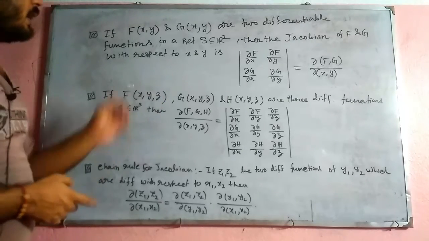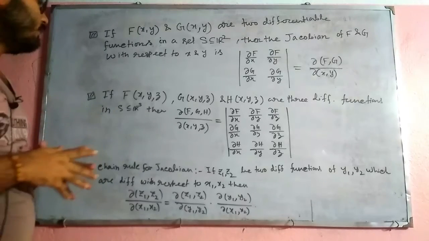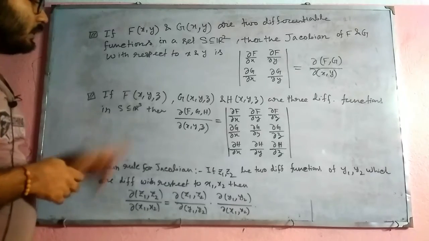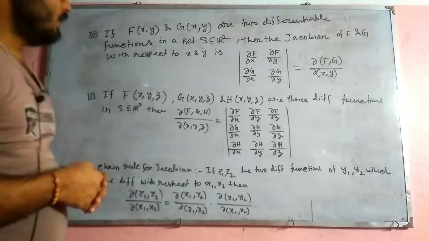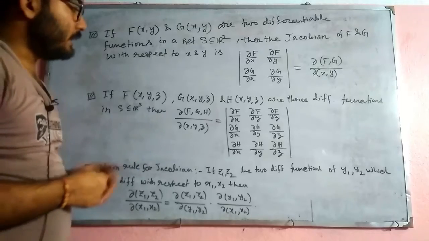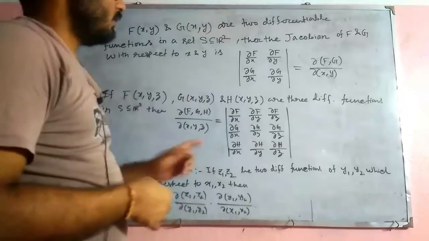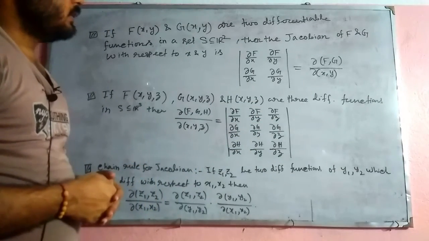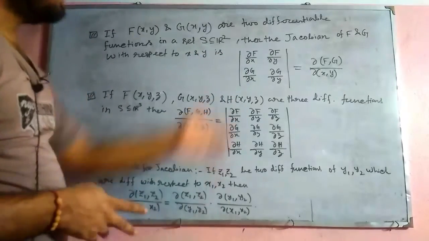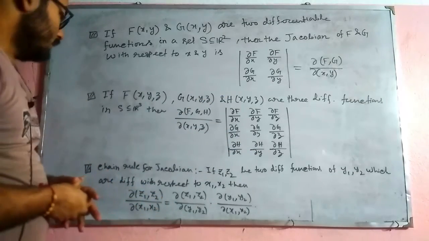And if f, g, h are functions of three variables, and if they are differentiable functions in an unbounded set S in R3, then the Jacobian del of f g h by del of x y z is equal to the determinant of this. These are similar; just this is a 2 cross 2 determinant and this is 3 cross 3.